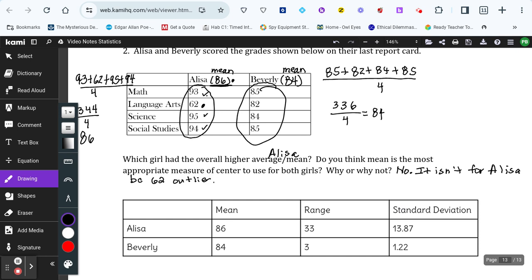The range would be higher. So if you look at the range, you got 94 minus 62. 94 minus 62. 32 is a large range between her grades. Okay, between her grades. It is good for Beverly, though.